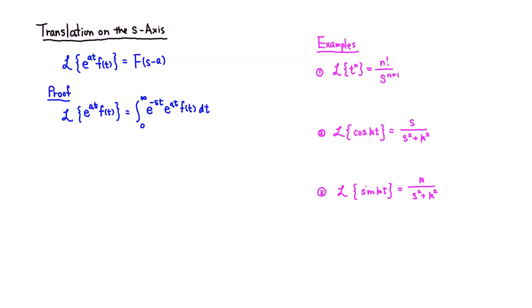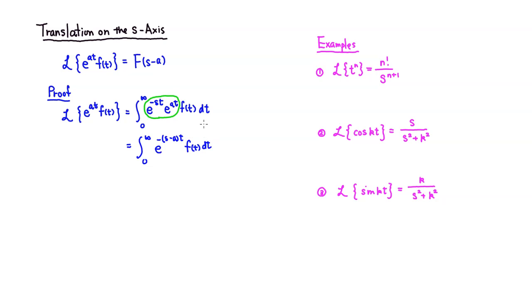All right, then what we can do is combine these exponential factors. So we can write it as the integral from 0 to infinity of e to the, I'm going to pull out the negative, st. And since you pull out the negative, it's going to be a negative at, so e to the negative (s minus a)t, f of t, dt.